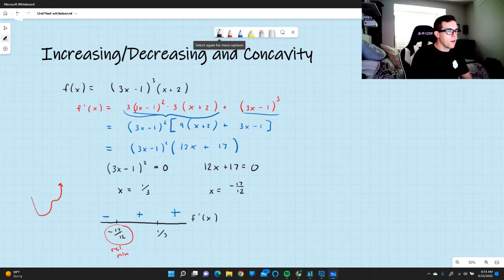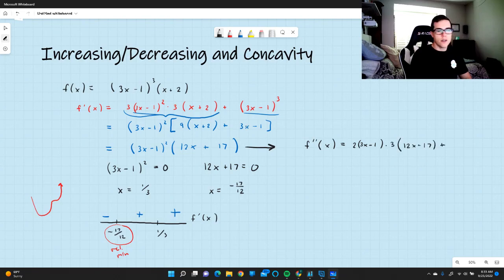Okay, from here, I have my first derivative. Now I'm going to find the second derivative. So take the second derivative, which says derivative of the first, times 3, times the derivative of the inside, times the original second, plus derivative of the second, which is a 12, times original first.